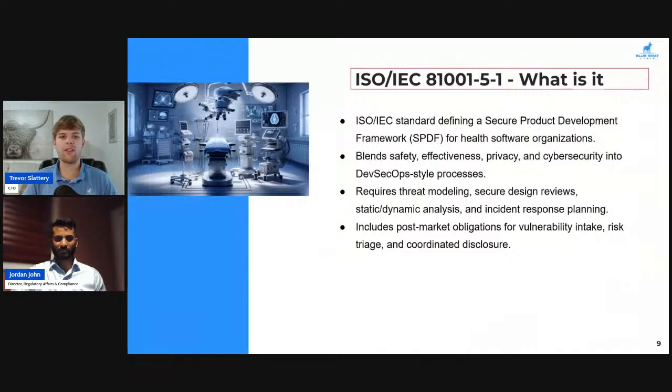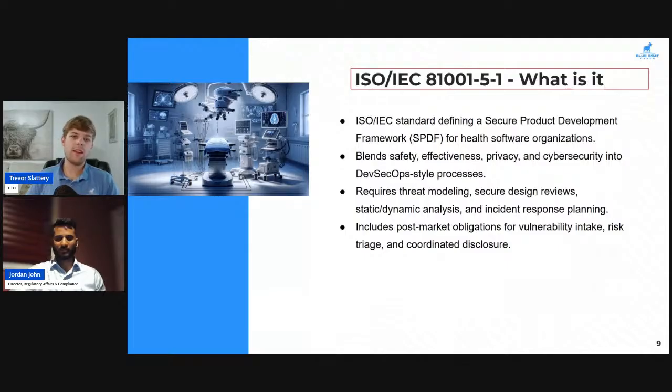This is also going to look into some of those post-market obligations for vulnerability intake, how we're handling triage, coordinated disclosure. So this takes a little bit more outside of the pure development activities, talking about what needs to be done depending on the device class, and tries to branch it out. How are we covering security across that life cycle? What are we looking at for some of the specific design requirements?